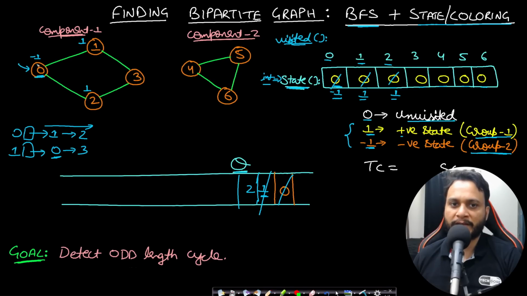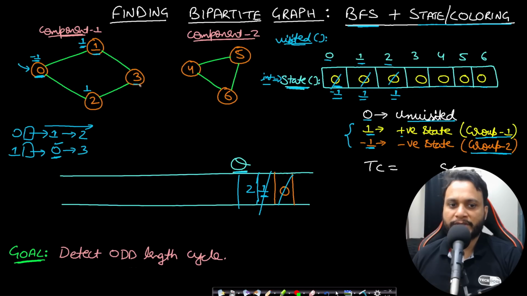So if it is marked, then I will be checking the current node 1 is having a positive group 1. So what is expected out of 0? It is expected that it is present in the other group. So yes, the value is -1 and this is 1. So it is present in another group. So this is fine. We will not do anything for it.